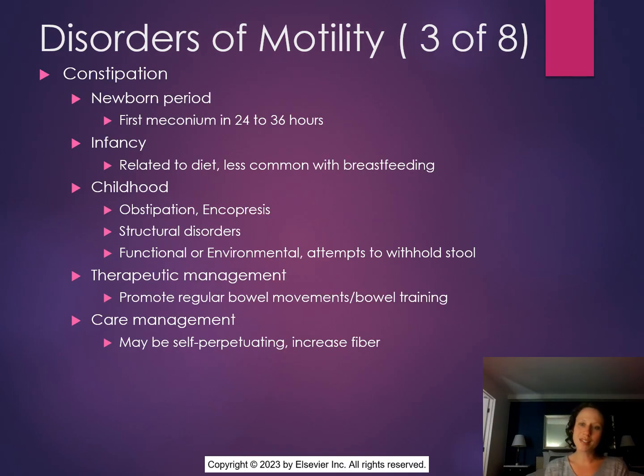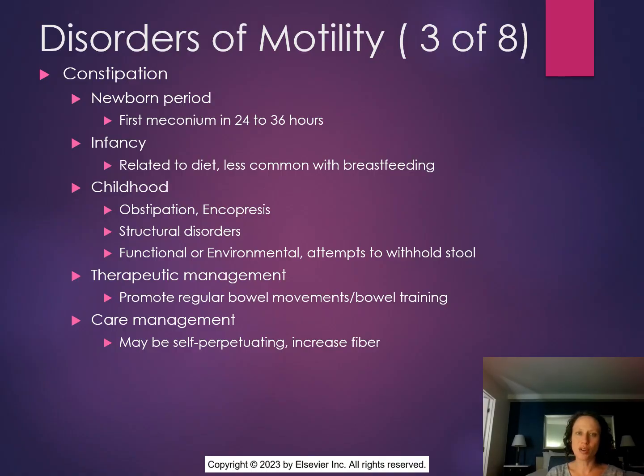Okay, constipation. So, like I said, I know we're going through a lot of things that you guys have talked about before, but it's so specific to kids, and this is honestly a huge issue with children. So, constipation, especially, is a big issue with kids. And we will talk about different conditions that can cause clinical emergencies when it comes to constipation, like actual structural disorders.